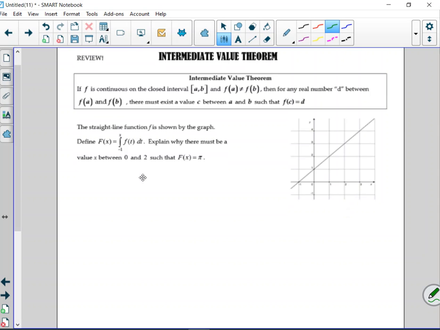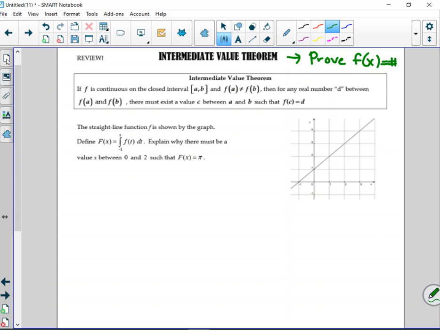Intermediate value theorem, if we boil things down to what they're for, is where we're trying to prove that f of x has to equal some number. We say f of a equals 5 and f of b equals 10. So if we want to get a 7, we're going to have to get a 7, because we can't get a 5 and then get a 10 without hitting 7 between them.